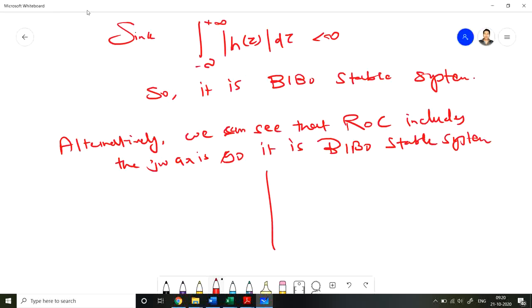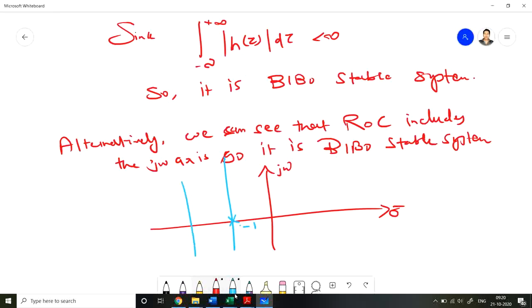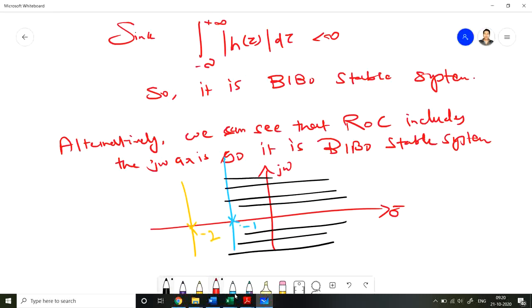If we plot the ROC, we have a pole at minus 1 and another pole at minus 2, and the ROC is real part of s greater than minus 1. So we can say that the ROC includes the j omega axis.